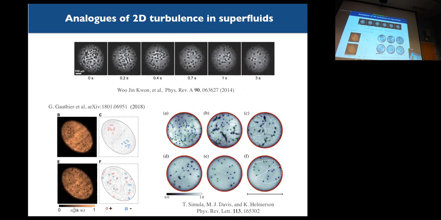And we've already seen earlier in the week some results where analogies with classical fluids have been popping up. For example, in the talks by Chris Hamilton and Tyler Neely, showing that you can get these macroscopic flow structures emerging that are associated with negative temperature states of vortices, as was originally predicted by Onsager.